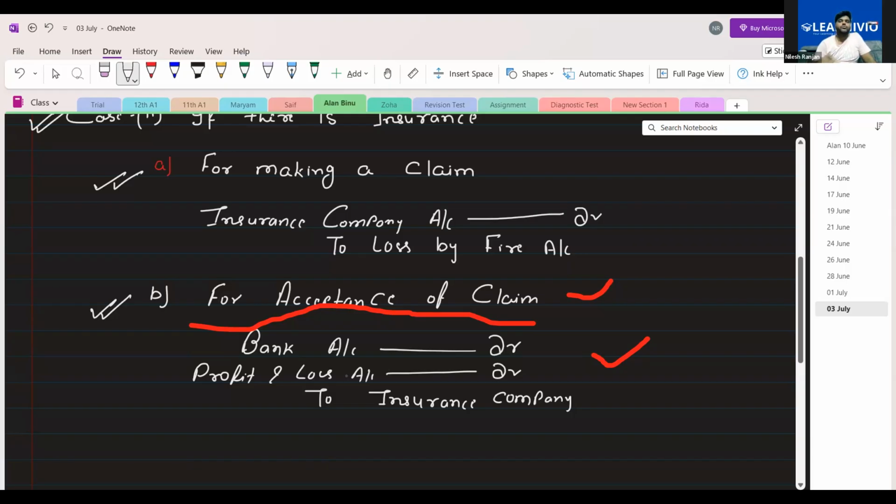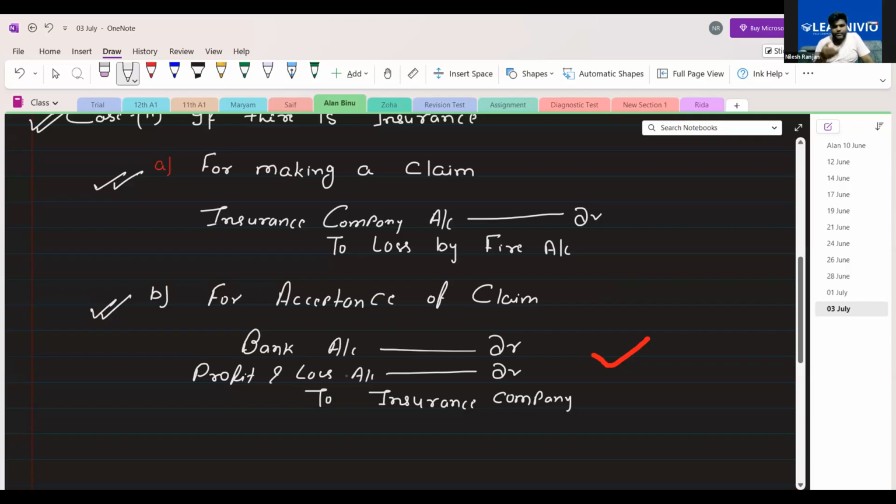So class is not about only writing things, that everything is written here. Some part of it is only explanation that you need to understand, that you need to remember. That's why I have written bank account, debit, profit and loss account to insurance company.